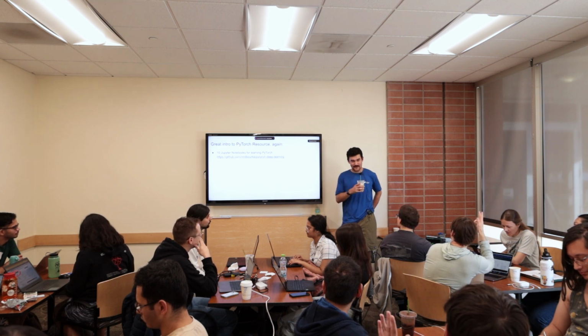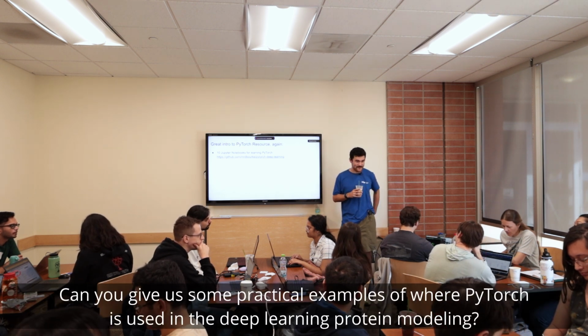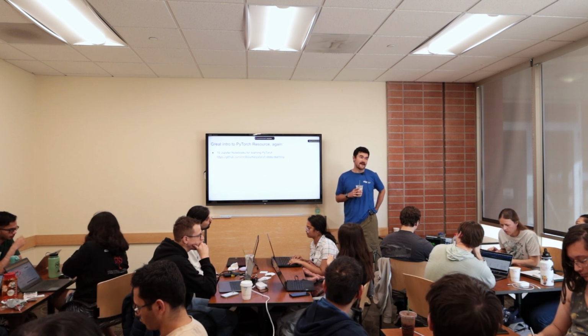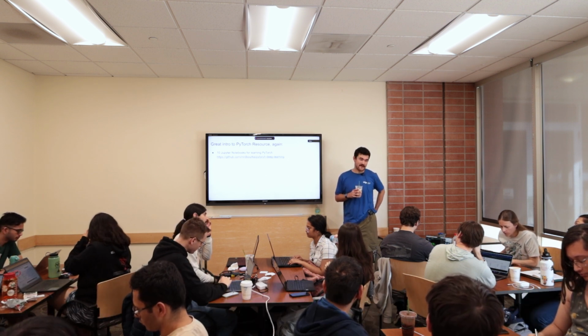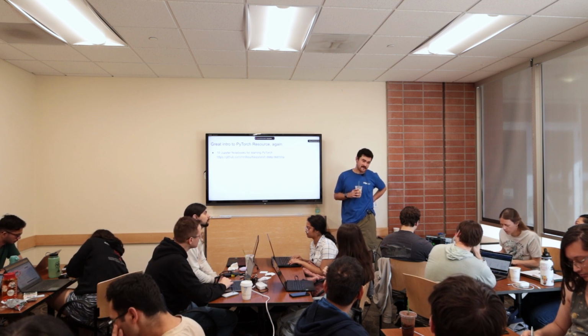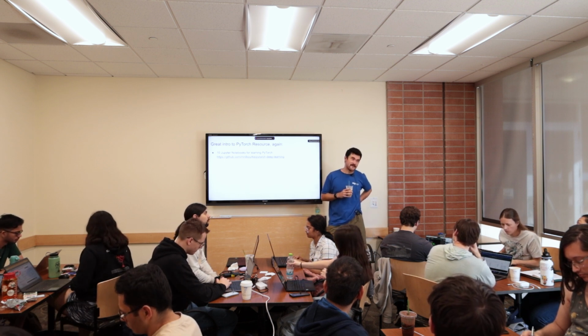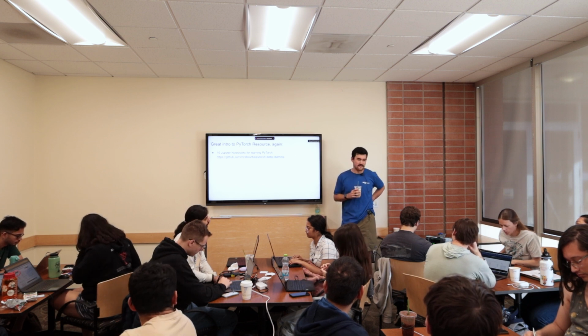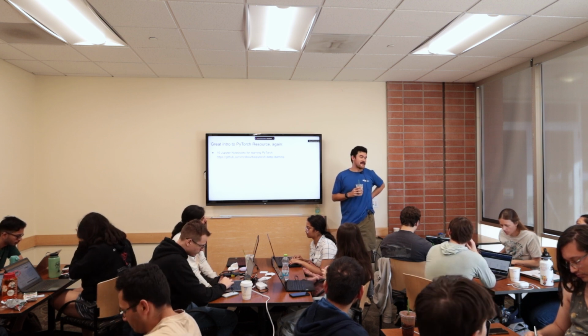Okay. Can you give us some practical examples of where PyTorch is used in deep learning protein modeling? Yeah. Well, like ProteinMPNN, for example, I know is written in that. OpenFold is a PyTorch version of AlphaFold. So I'm sure RFdiffusion is too, I haven't really looked.